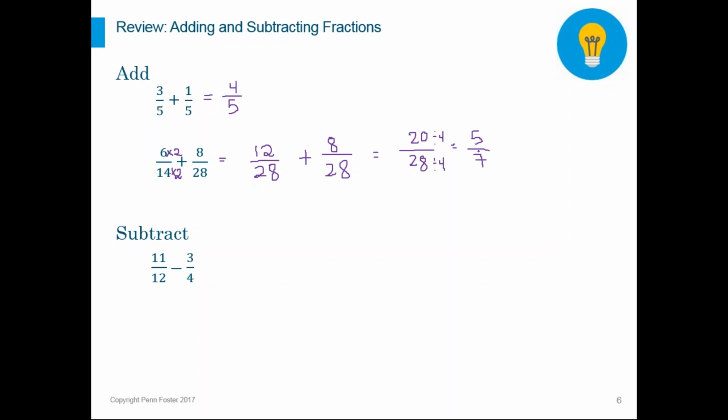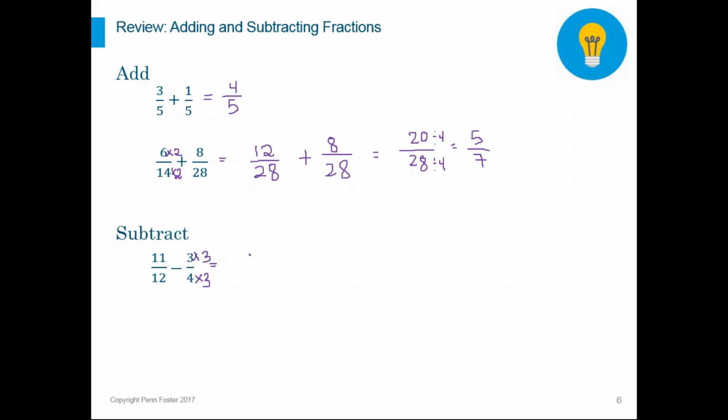This is again just a review of how we used to do addition and subtraction with numerical fractions. Subtraction is the same thing, the same rule. I have different fractions, meaning unlike fractions, then I'm going to try my best to change the 4 to 12, multiply times 3, and multiply times 3.